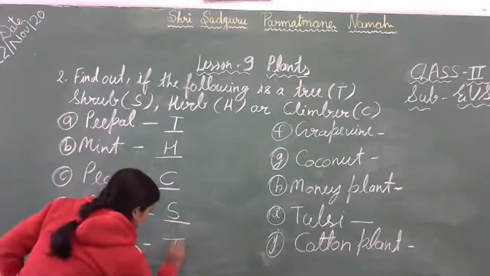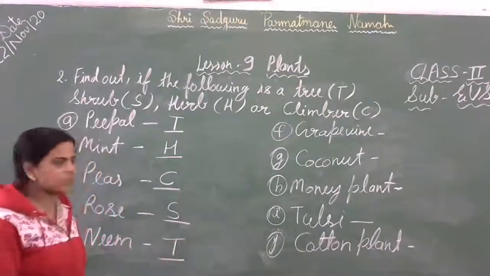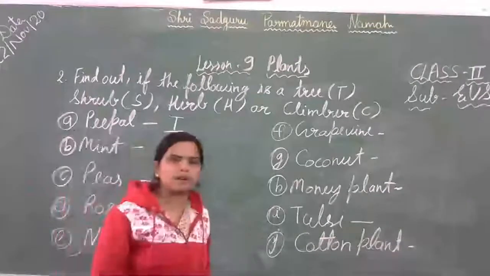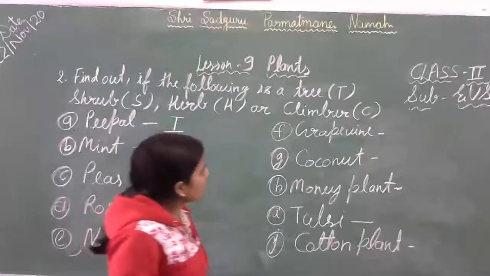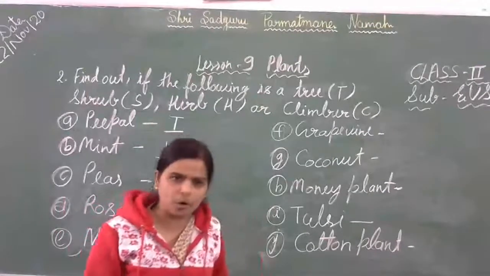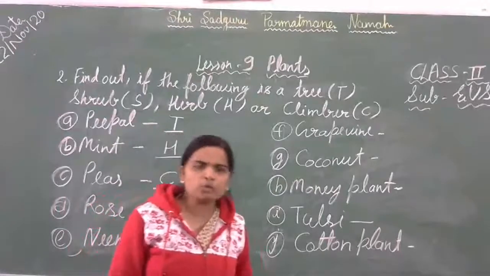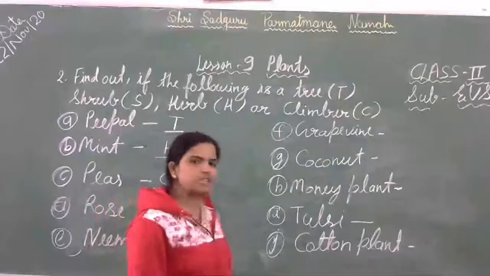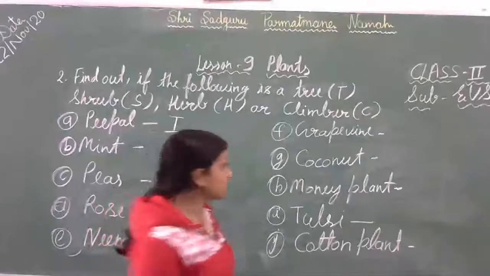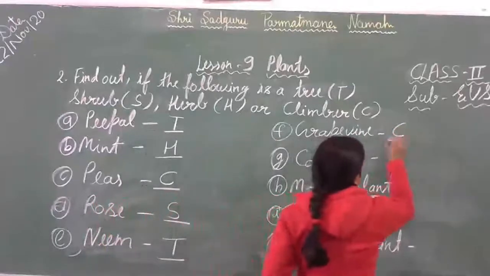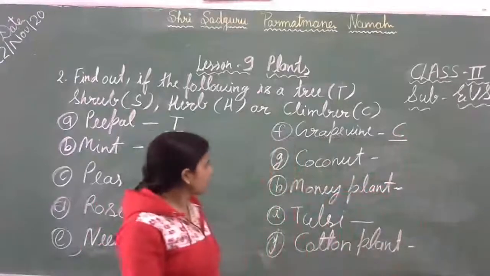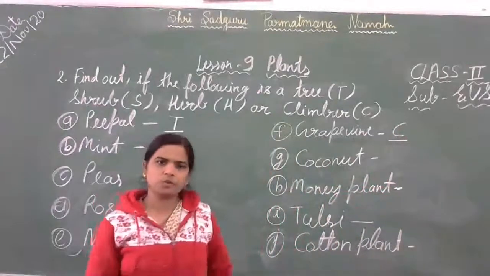We write here T. Next is grapevine. Grapevine also needs support to grow. So this is an example of climber. We write here C.